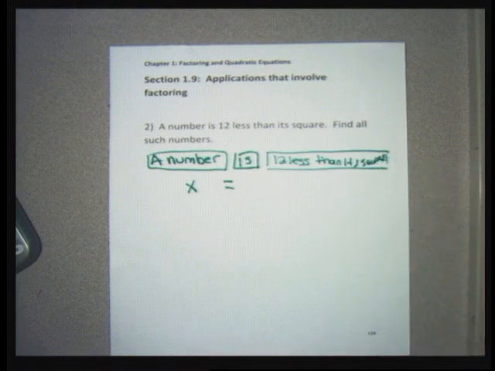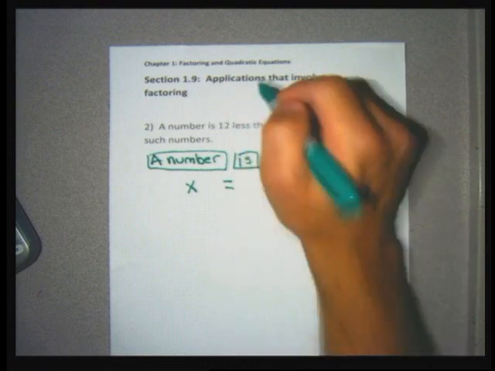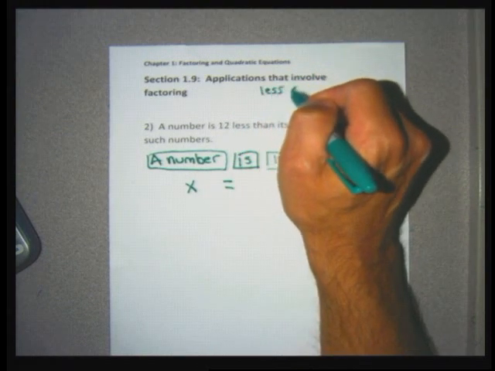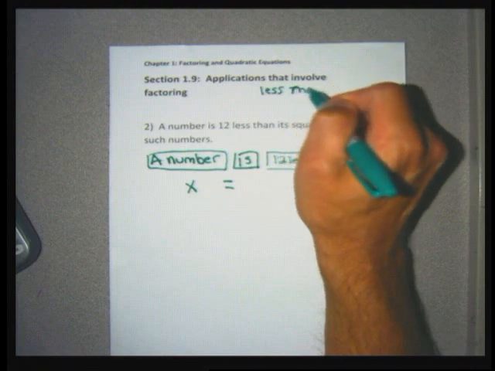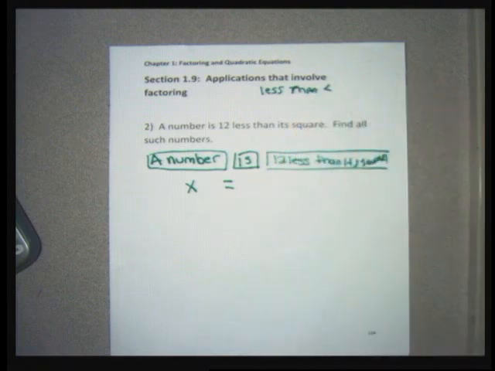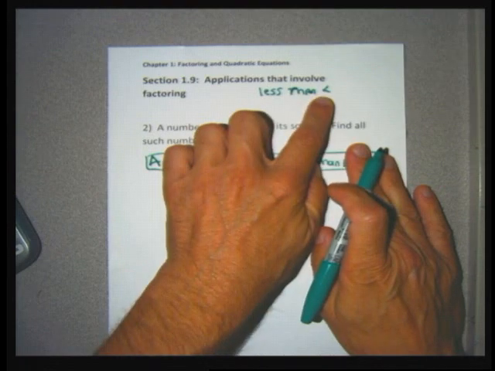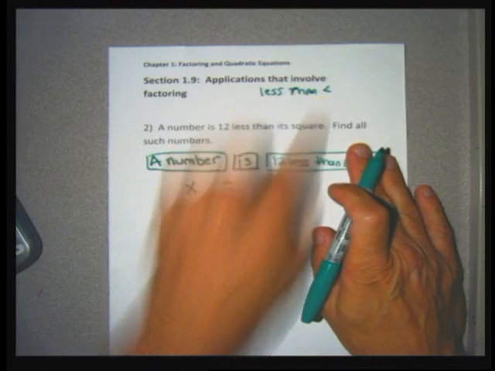So the "less than," you might be wanting to put a less than symbol. That is a symbol that means less than, and maybe in a different context, the words "less than" would require a less than symbol. But in this context, I already have an equal sign.